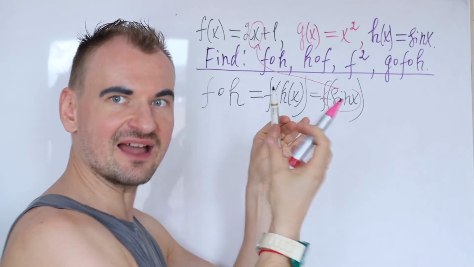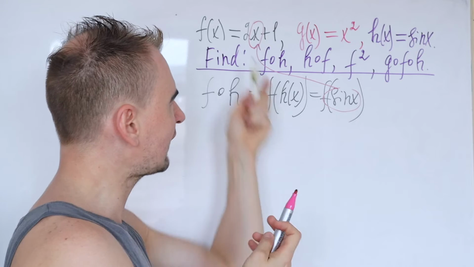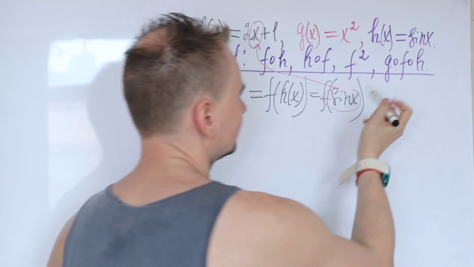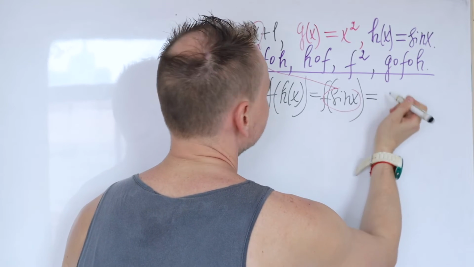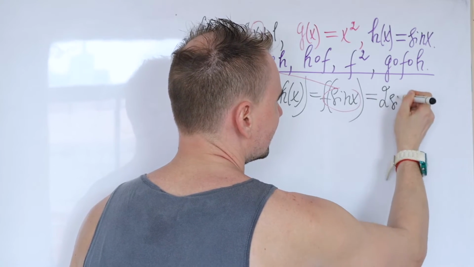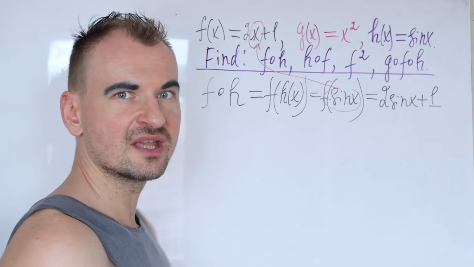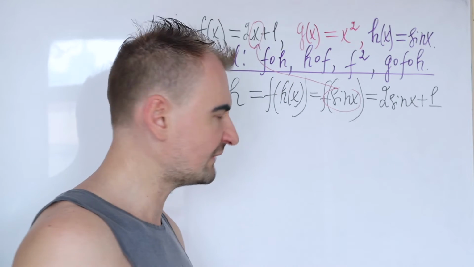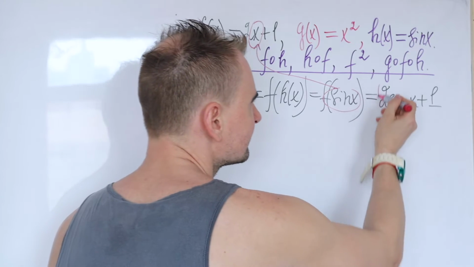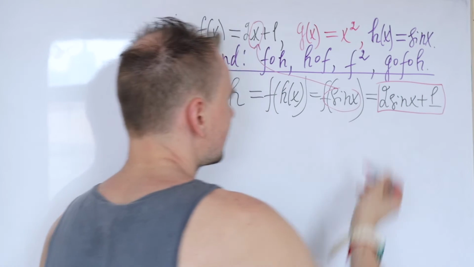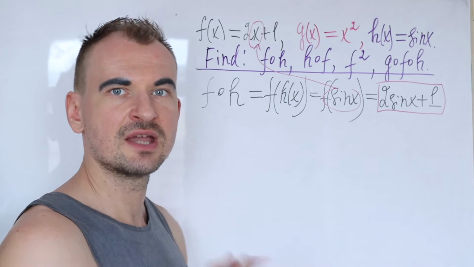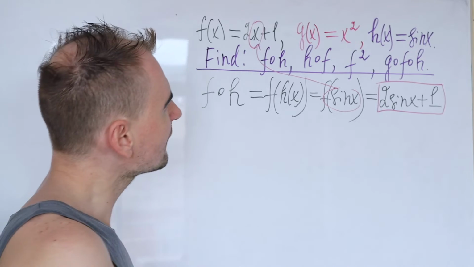So just sine x instead of x. So you will be left with 2 sine x plus 1. There is nothing to be simplified, so this is your composition of f and h.